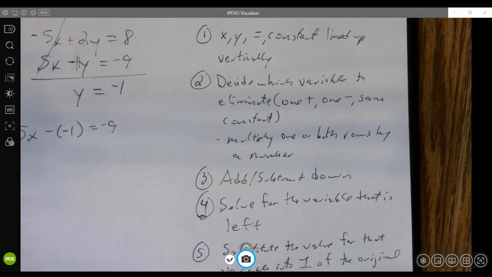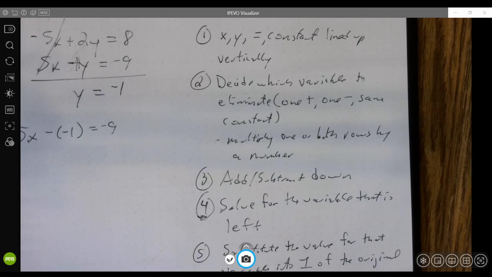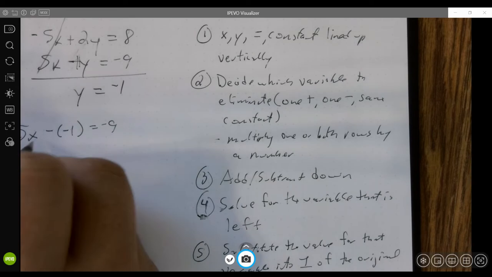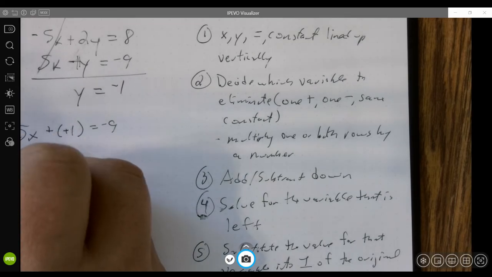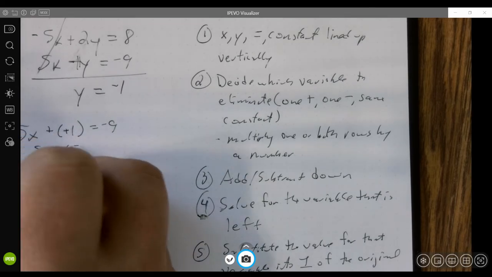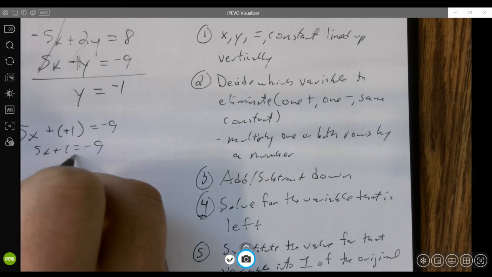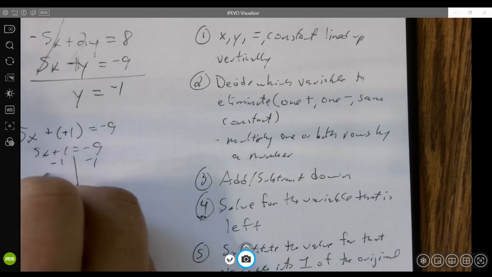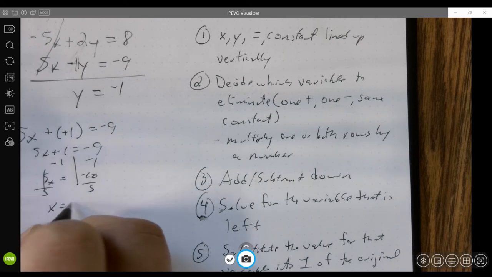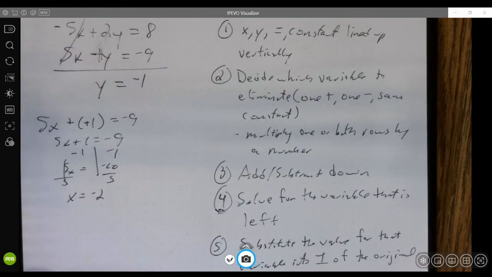And then after that, we need to solve for that variable. So in this case, I have two negatives make a positive. So I have 5x plus 1 equals negative 9. I subtract 1 from both sides. I get 5x equals negative 10. Divide by 5, and x equals negative 2.